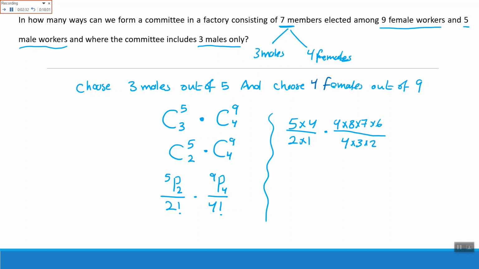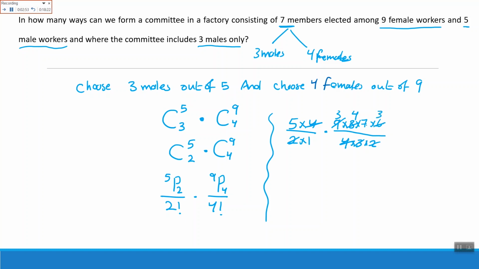And we cancel. We can cancel the 9 with the 3. We get 3. We can cancel the 4 right away with the 4. We can cancel the 2 with this 8. We get 4. And the other 2 with this 6. We get 3.